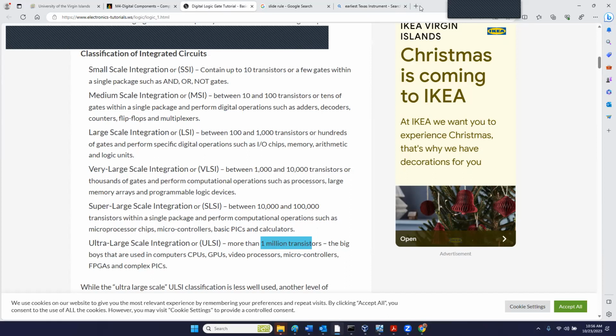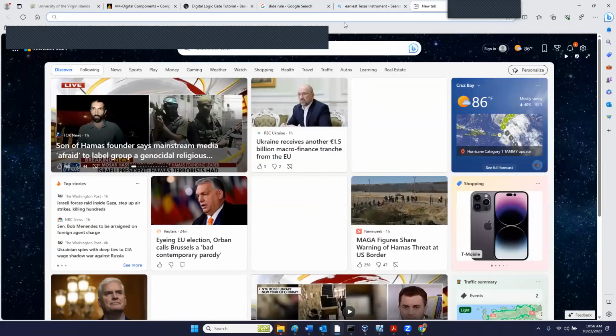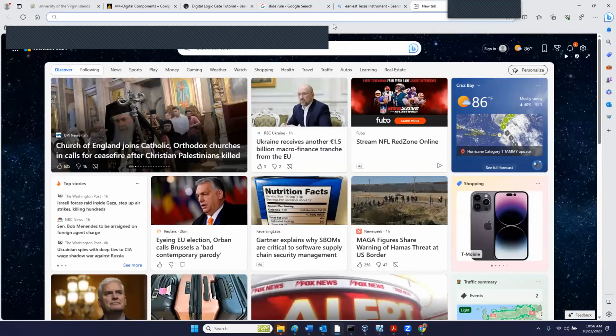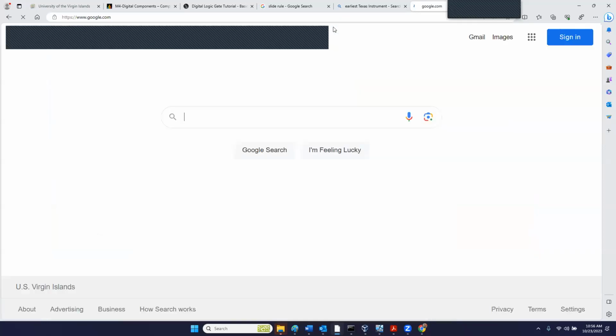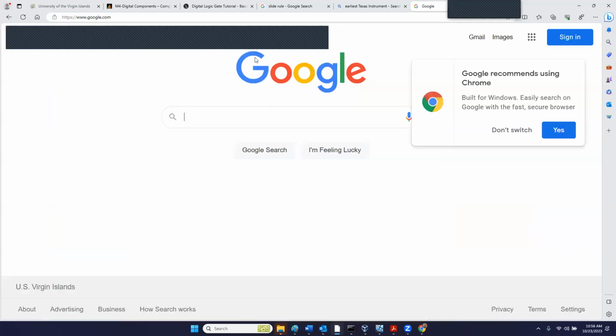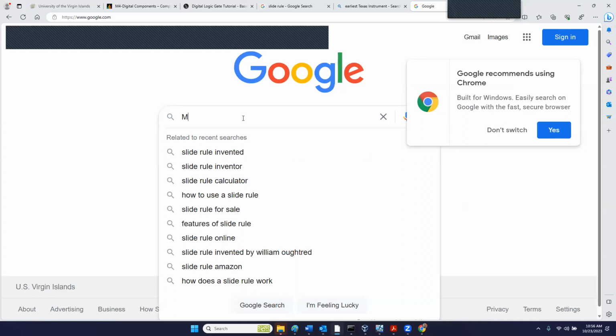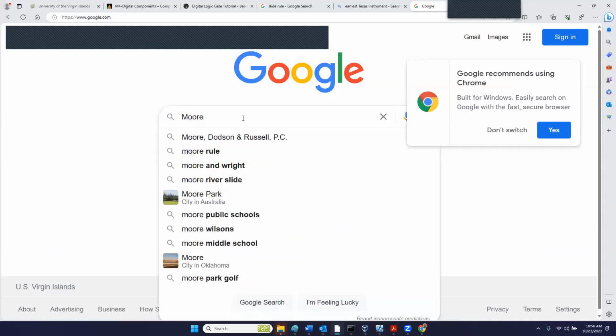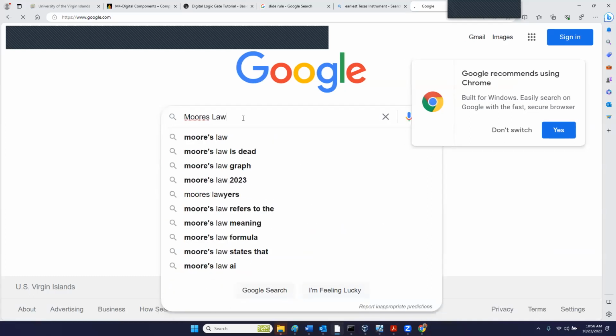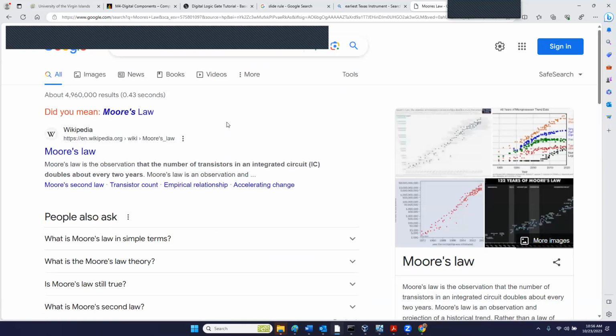And the really important thing to understand besides that is this idea of Moore. So Moore's law. Moore was a pioneer in the early days of the electronics industry, and Moore was also involved with Intel.